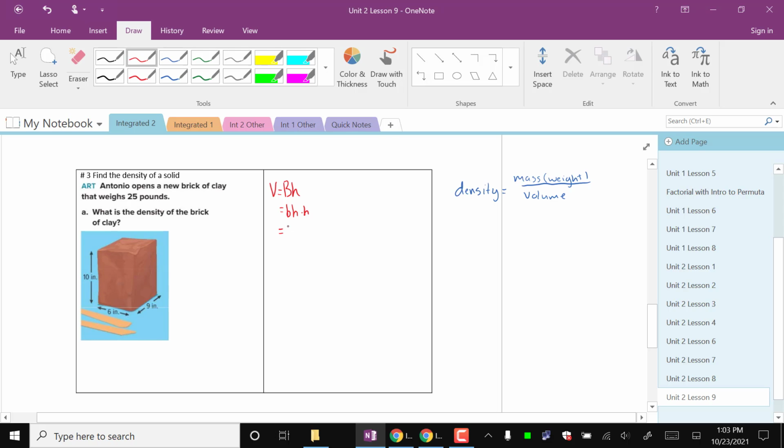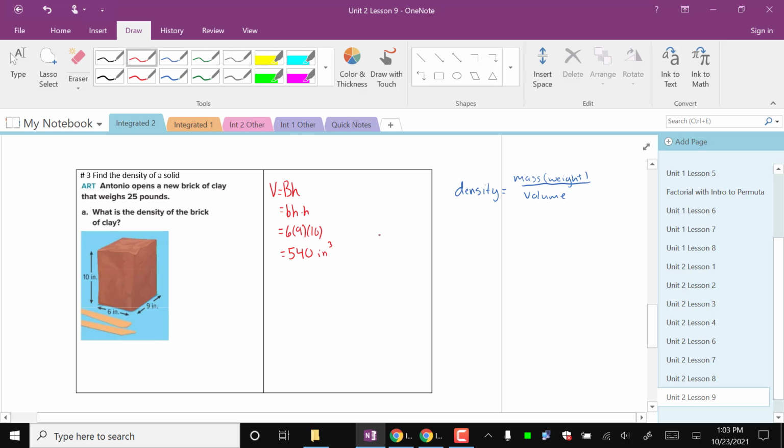So this is going to be 6 times 9, which will give you your big B, your area of the bottom, times the height, which adds the third dimension, times 10. Multiply all those out, you get 540 inches cubed.